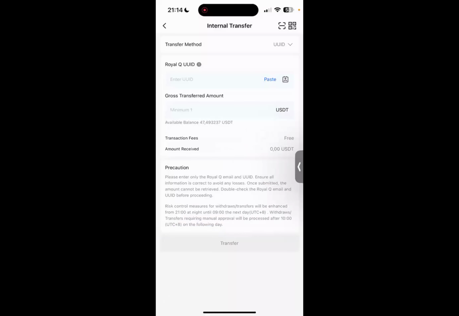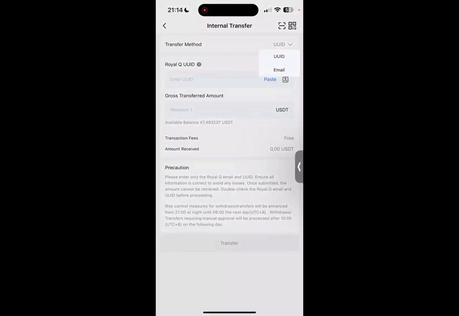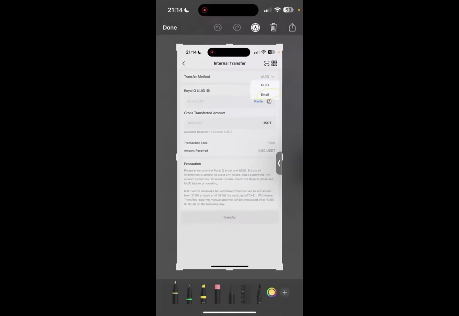It will come around your dawn time, 2 a.m., 1 a.m., thereabouts. Okay. The internal transfer, you can use your UUID or email, whoever you are sending to. Where do you get the UUID?